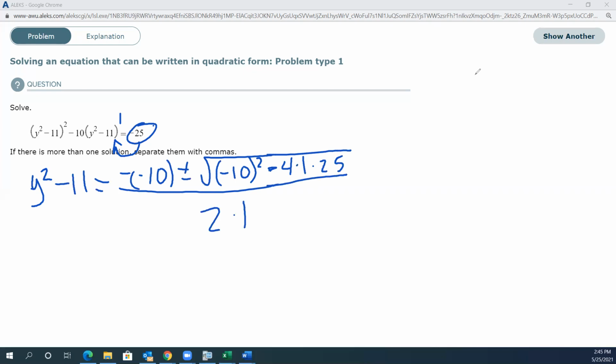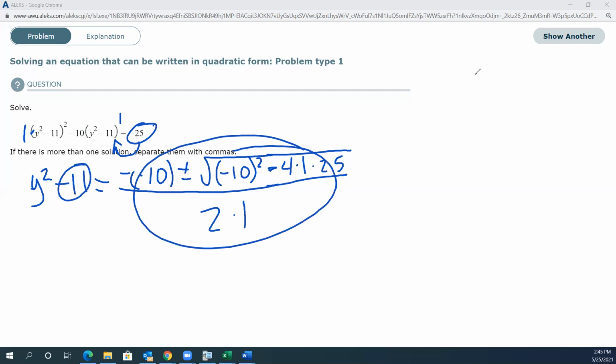So where a is 1, b is -10, and c is going to be that positive 25 when we get it over onto the left side. Then you would just tidy it up, and once you get this all simplified, you'll add 11 to both sides and then take the square root of everything. So that's kind of how that goes.